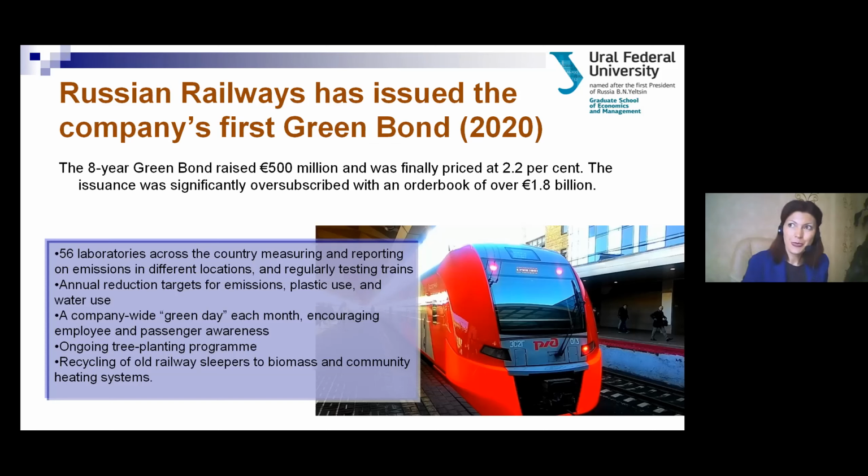Another quite positive news piece is that Moscow Exchange started calculating green indices from August 2020. And this is one of the companies which issued their green bond. So you can see on the slide what they're doing to become greener.